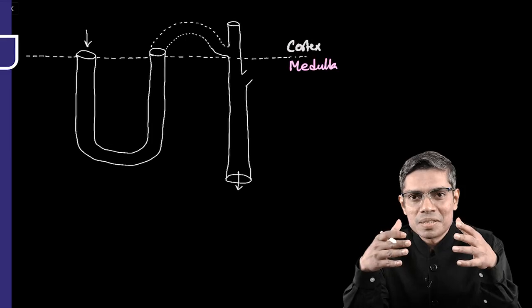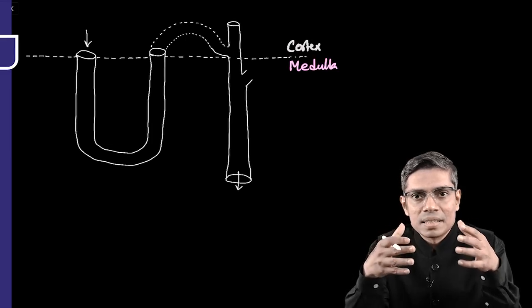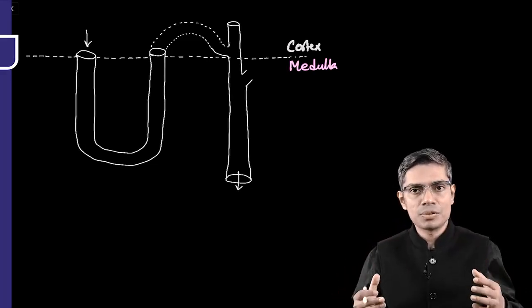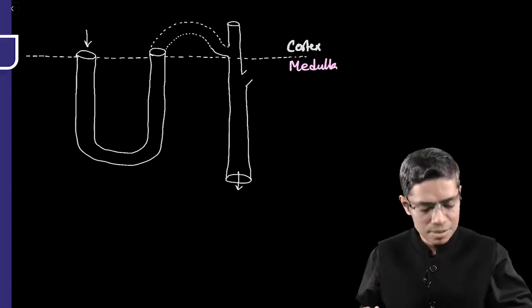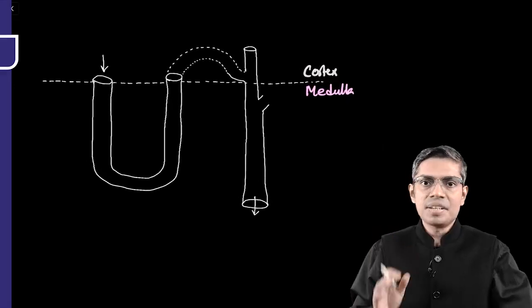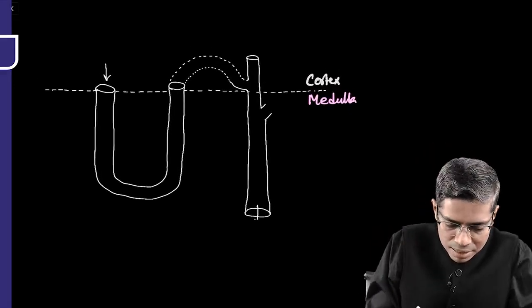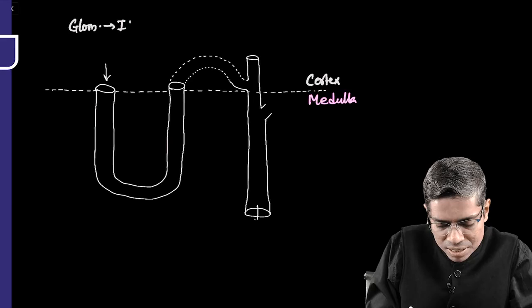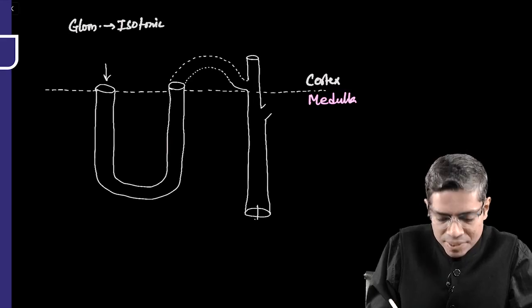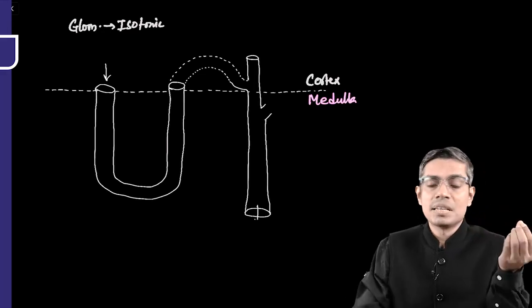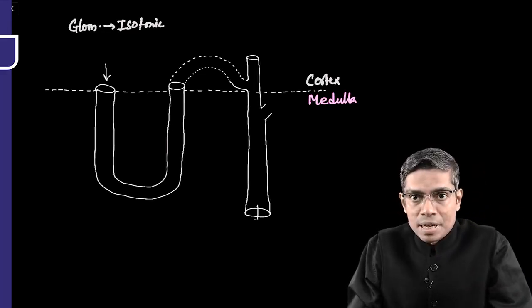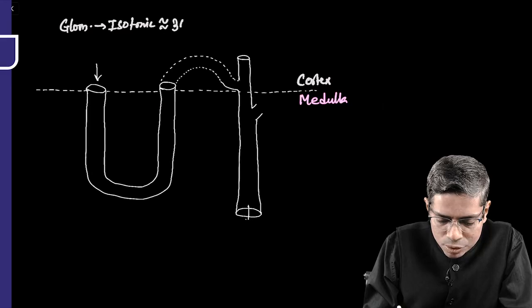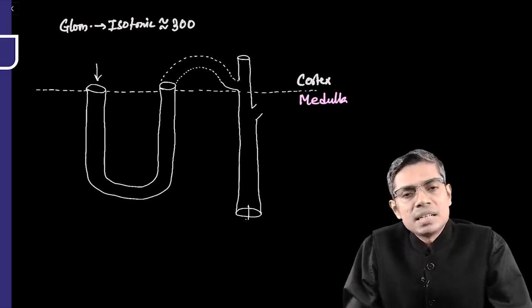Now, how will this countercurrent system generate the medullary tonicity? We are describing the multiplier system, how it is going to generate the medullary hypertonicity. The filtration occurring at the level of the glomerulus, I told you already, is isotonic in nature. Isotonic means the osmolality of that filtrate will be 285 to 290, but for easiness of understanding, we are taking isotonic to mean an osmolality of 300 millimole per liter.